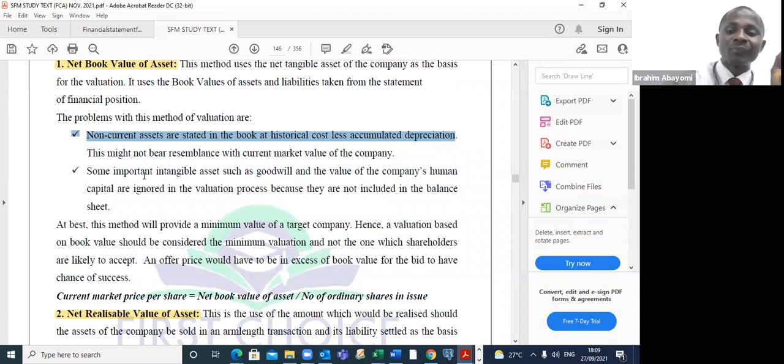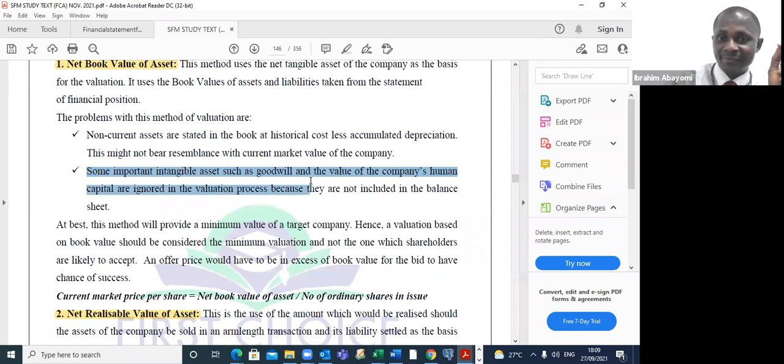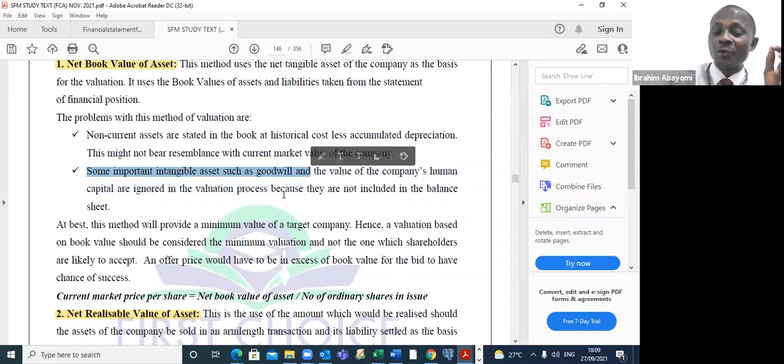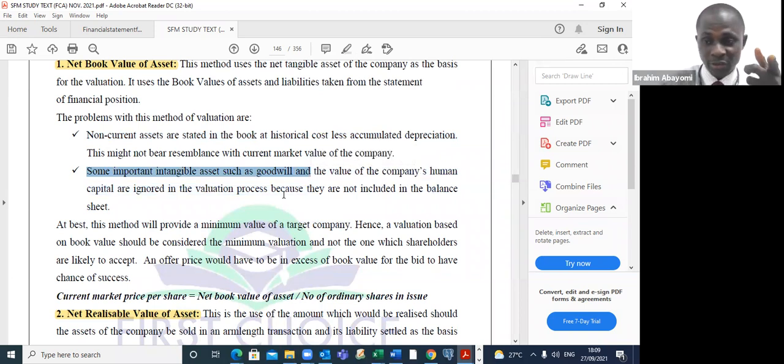Two is that when you are using net book value, you don't consider goodwill, especially. Even when you have goodwill in the statement of financial position, when you are computing market value based on net book value, you always ignore goodwill. And what's the implication of that? The implication is that the company will be undervalued because goodwill is part of your intangible assets.